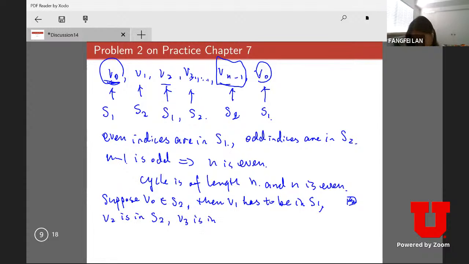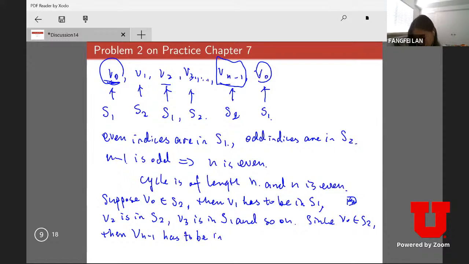V3 is in S1, and so on. Since V0 is in S2, then Vn minus 1 has to be in S1.